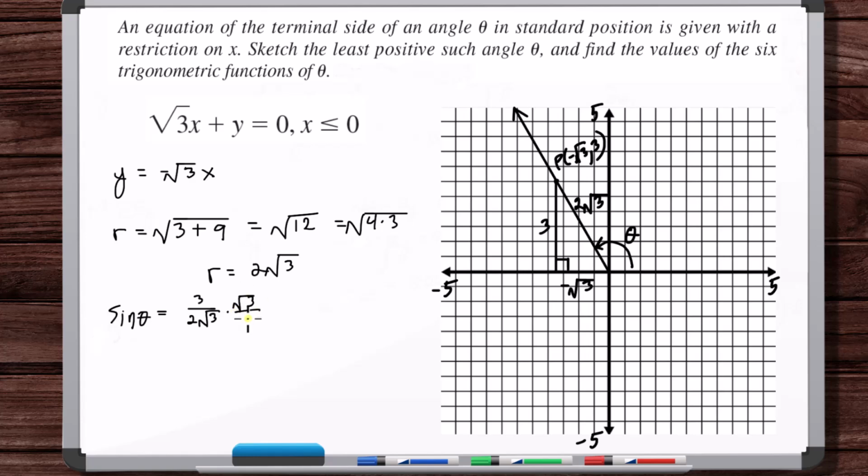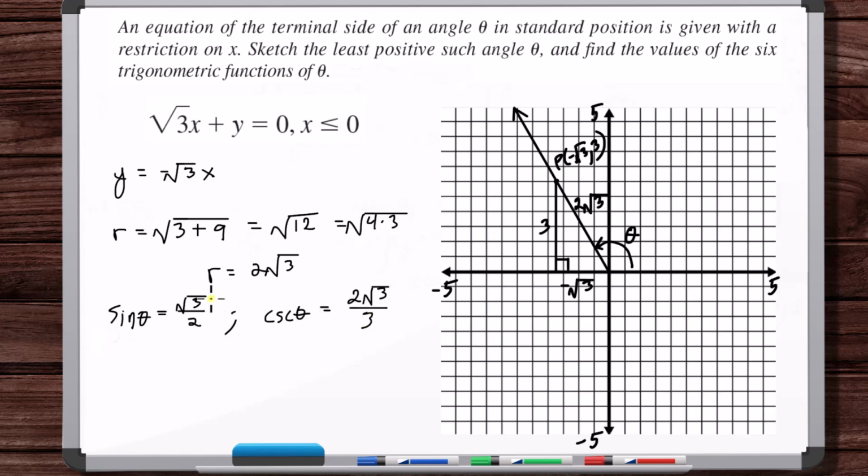So 3 root 3 over 2 times 3, which is root 3 over 2. Okay, cosecant theta is not opposite over hypotenuse, but hypotenuse over opposite. That's 2 root 3 over 3.